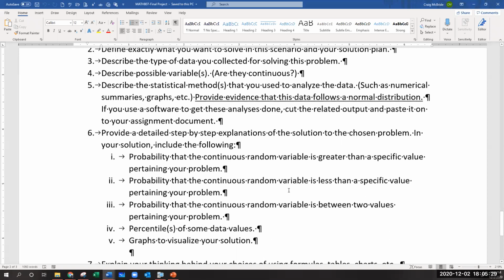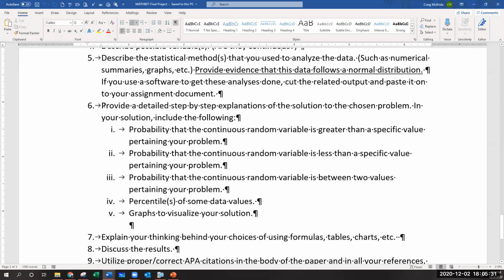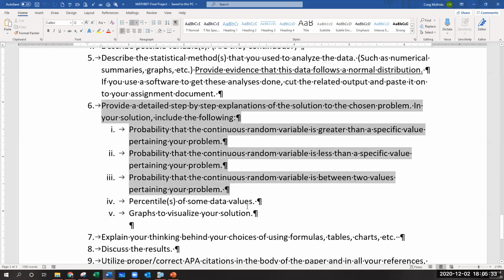Then part 6 is basically just a rehashing of everything we've done in the homework. We've had questions in the homework where it said, what's the probability that something was greater than a specific value? What's the probability that something is less than, between, and so on and so forth.